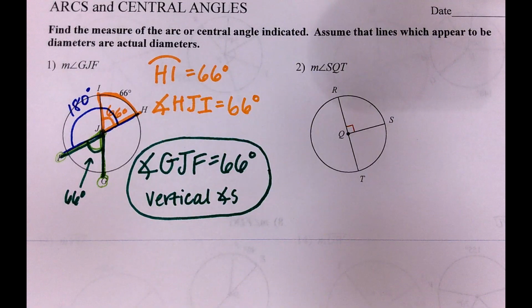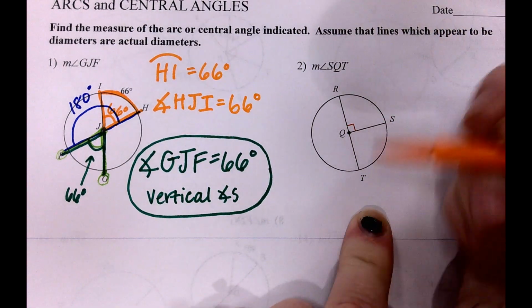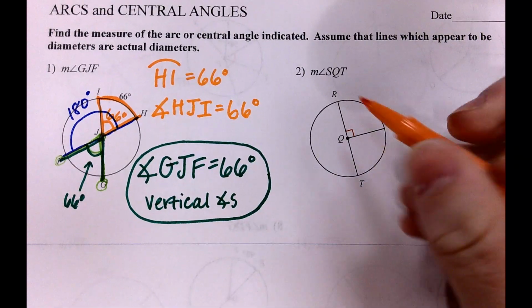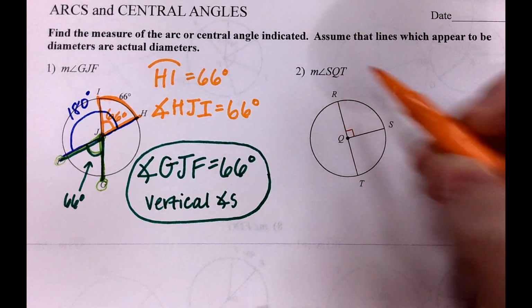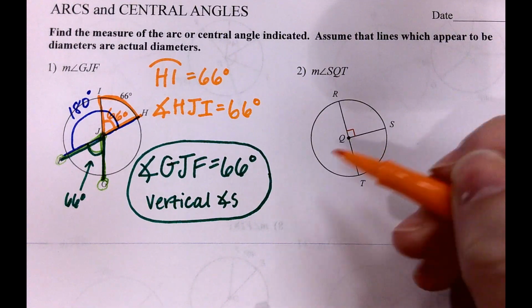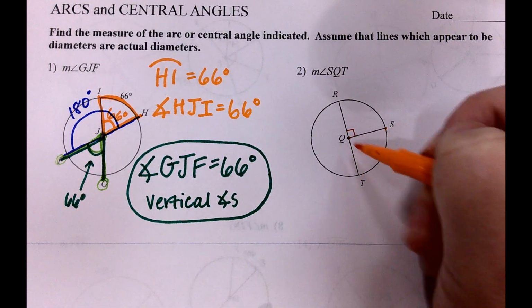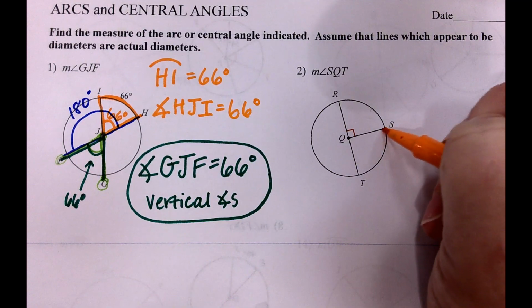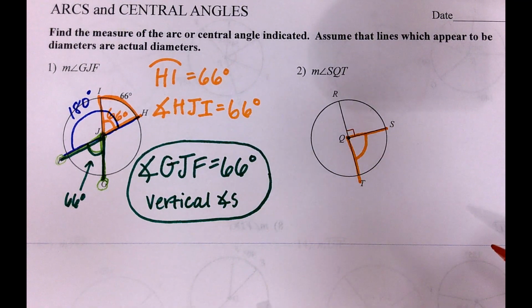You're so correct. That is good. So I'm going to walk us through this one just because not all of us would recognize that immediately. I want to find the measure of angle SQT. So the first thing I would do is mark what we're trying to find. Here's S, Q's in the middle, T is right there. So this is the angle I'm trying to find.